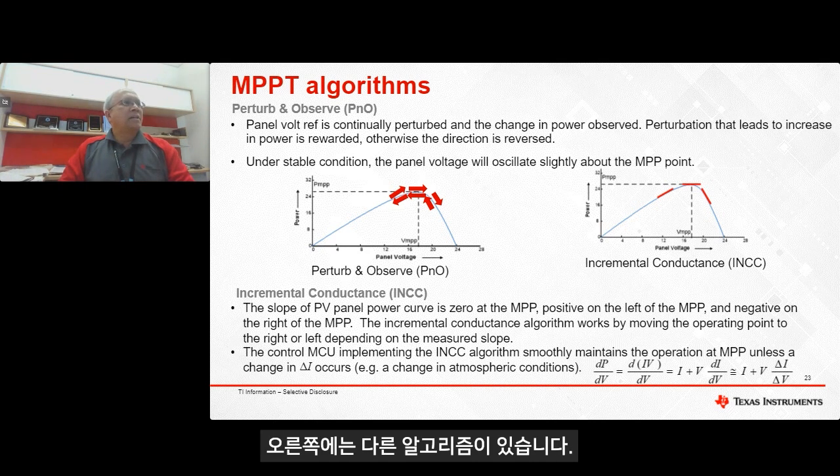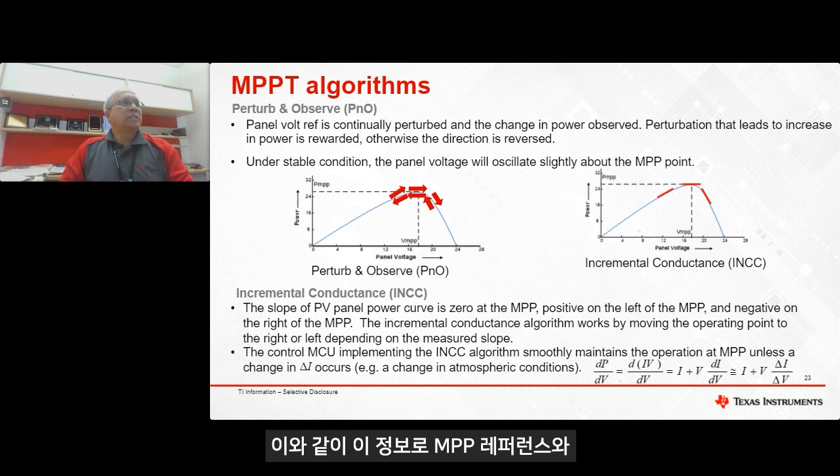So that's the PNO algorithm. On the right side, you can see another algorithm, incremental conductance (INCC), which measures the slope of the power curve. The slope of the PV panel power curve is zero at the maximum power point, positive on the left side of the MPP, and negative on the right side.